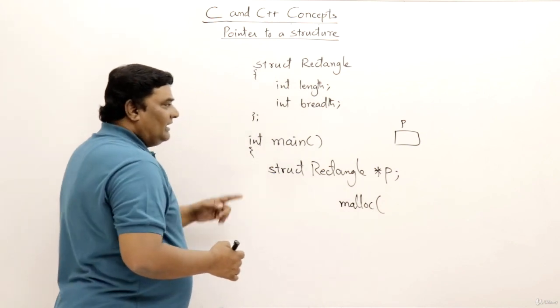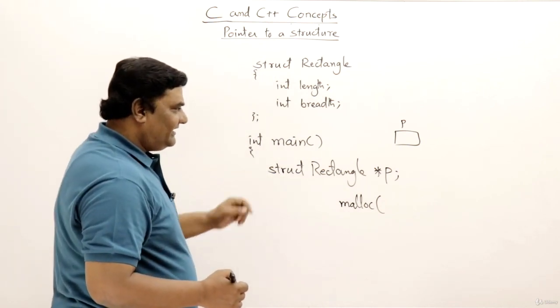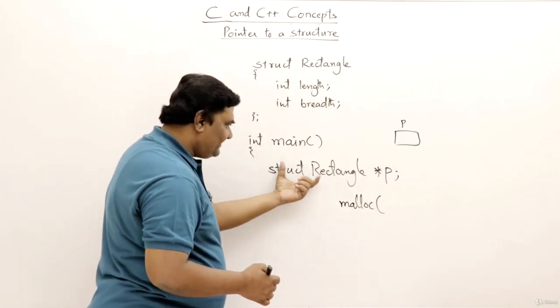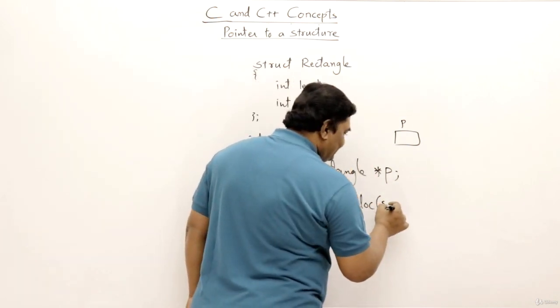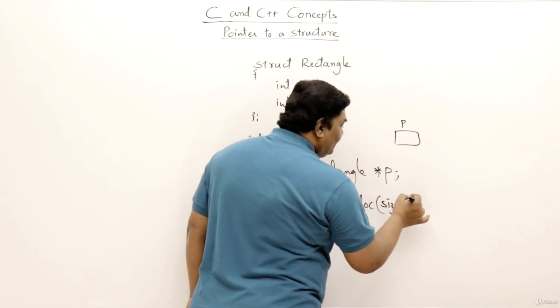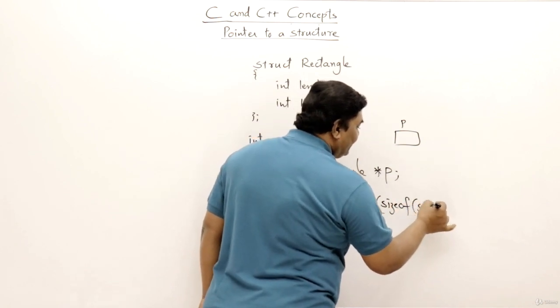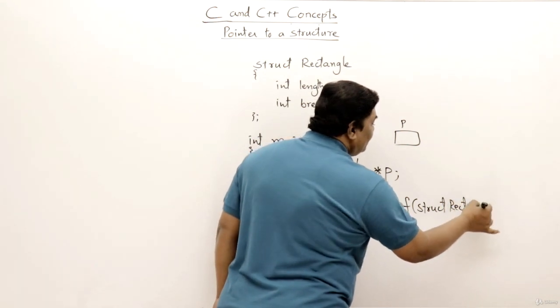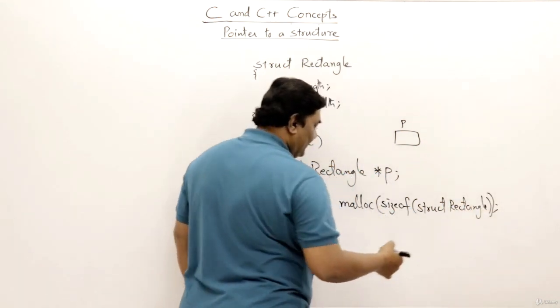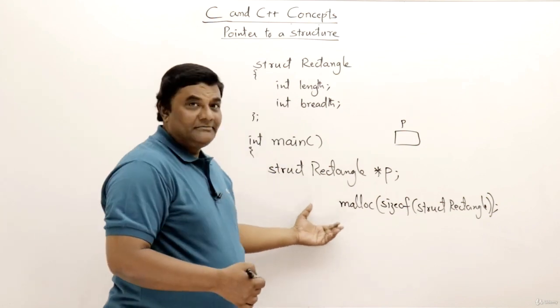Then I must give the number of bytes that I require. Actually it is the same as this structure size. So I can mention 4 or else I can say sizeof struct rectangle. Then this will allocate the memory.